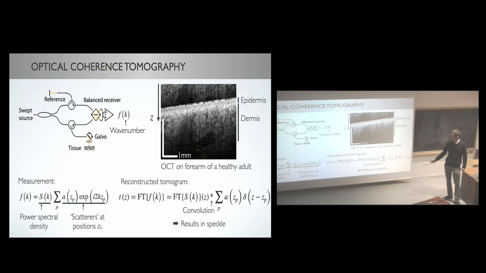We only measure this within the spectrum of our source, and hence, if we take the Fourier transform of this recorded signal, we get the location of the scatterers convolved with this point spread function that, however, has an axially very steep phase slope, which leads to random phases on the individual scatterers, giving rise to these speckle statistics. So here we have mostly fully developed speckle, modulated by the tissue structure.